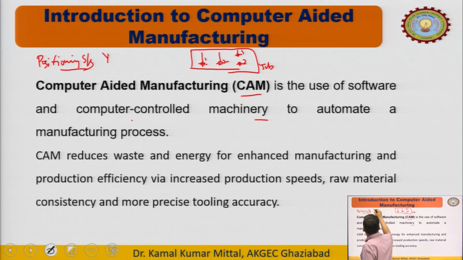Absolute and incremental. So these are the two types of coordinate system we are using.